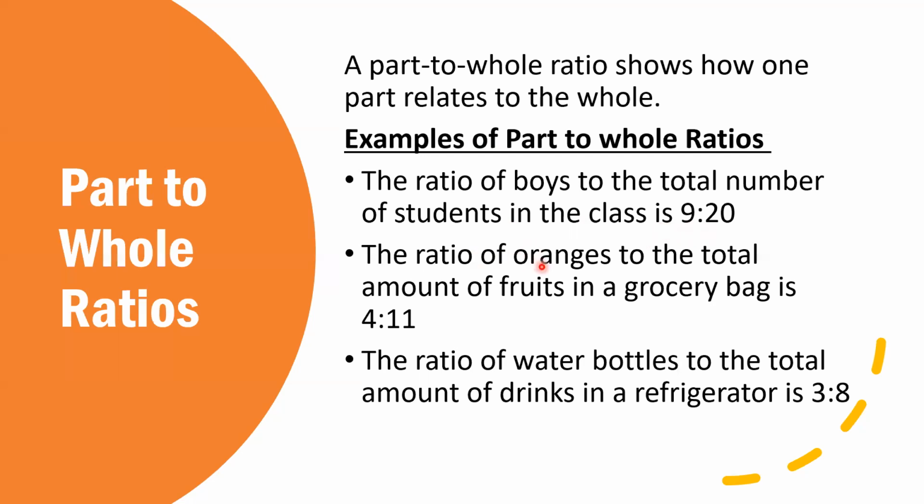The ratio of oranges to the total amount of fruits in a tree is 3:4. The ratio of water bottles to the total amount of drinks in the refrigerator is 3:8. 3 to 8. All right. Okay, thank you.